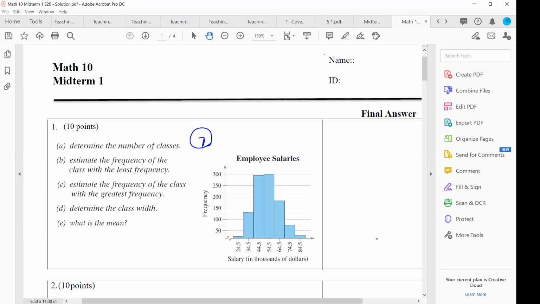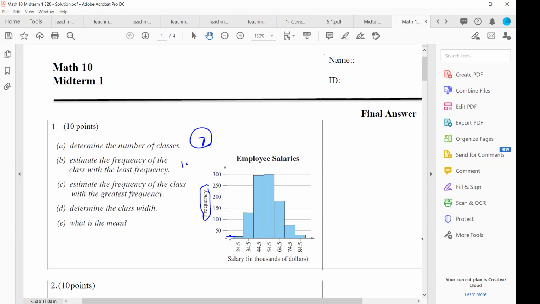The representative or midpoint for the first class is 24.5, but this is just a representative. What is the frequency? Frequency is on the vertical line. So you have to estimate the frequency, which is roughly 15, 20 maybe.